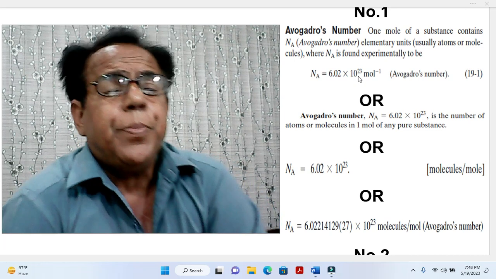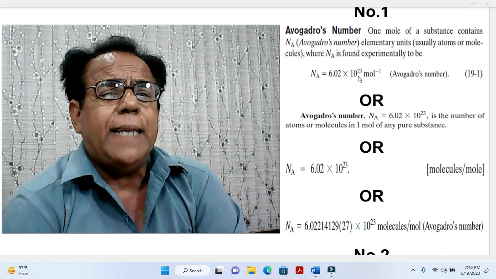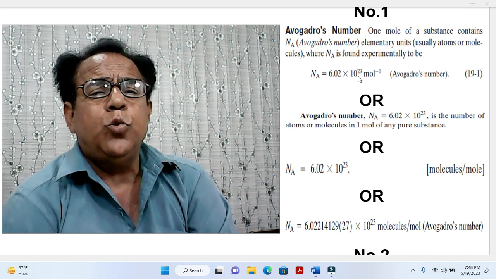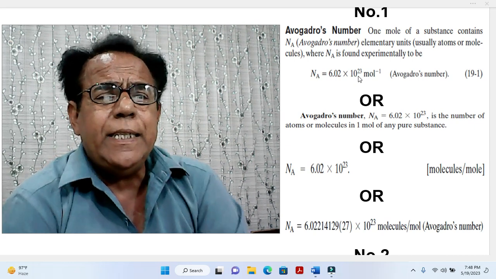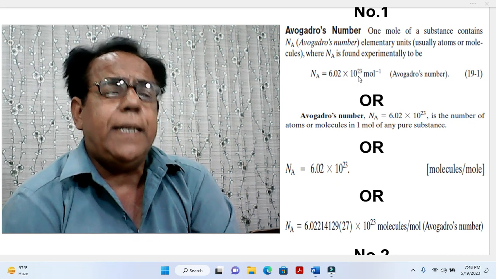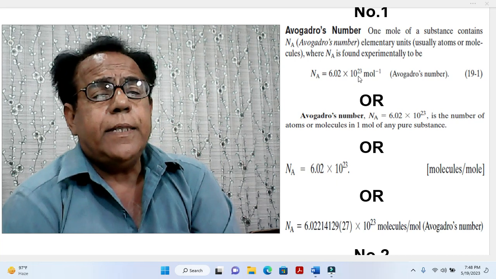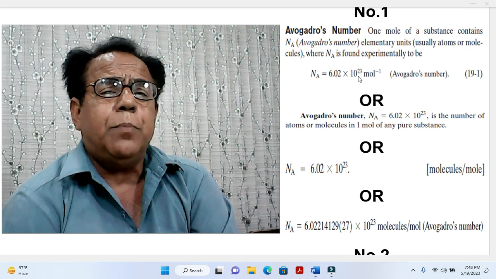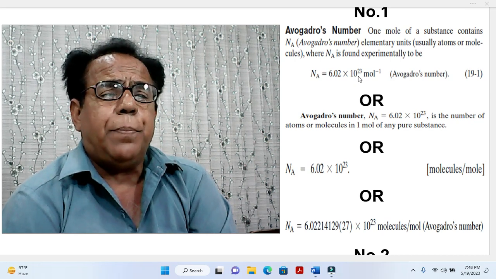Avogadro's number: 1 mole of a substance contains Na elementary units, usually atoms or molecules, where Na is found experimentally to be Na, with A as a subscript of N, equal to 6.02 into 10 to power 23 per mole, mole raised to power minus 1.